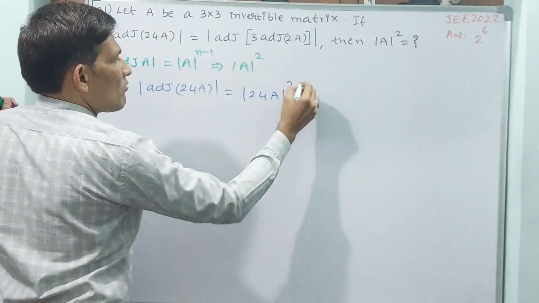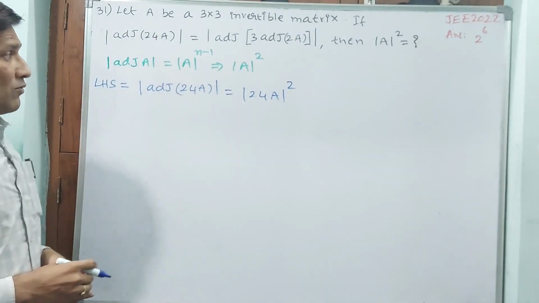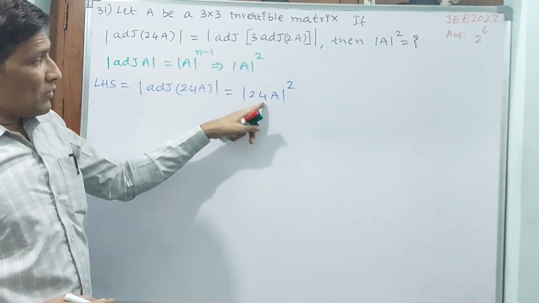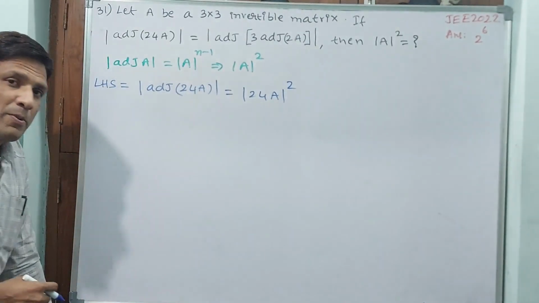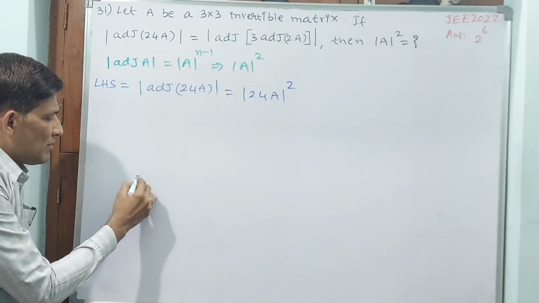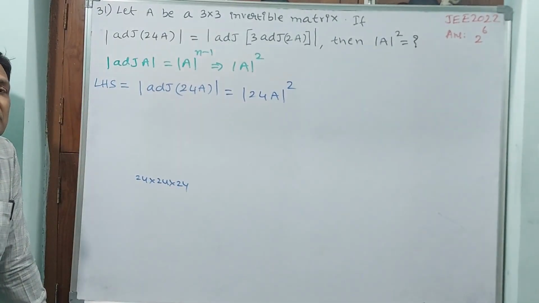Understand? Now this is still inside the determinant. If you want to bring it outside the determinant, for a 3 by 3 matrix, you have to do 24 into 24 into 24.